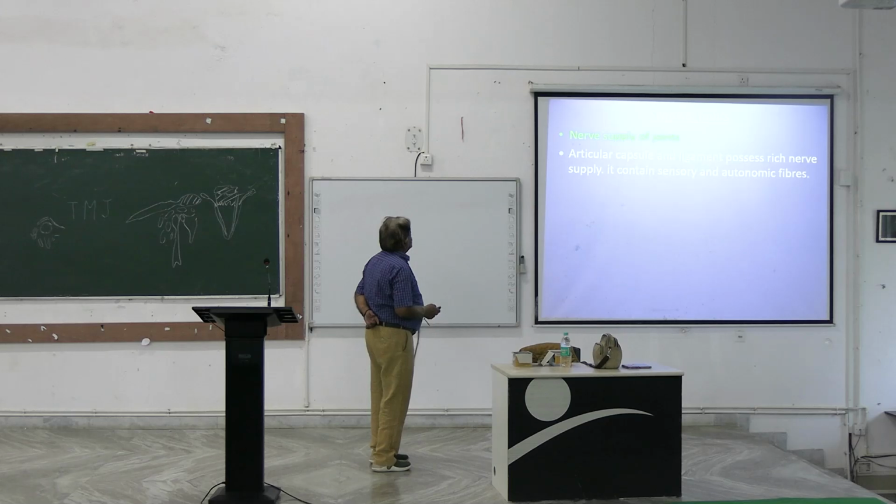Nerve supply of joints: articular capsule and ligaments possess rich nerve supply. It contains sensory and autonomic fibers. Sensations conveyed are proprioceptive reflexes, control of posture, locomotion and perception of position and movement.